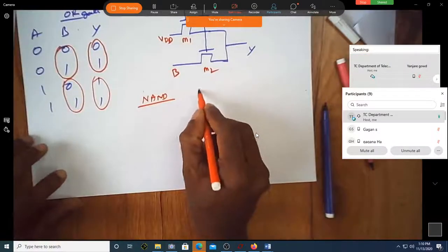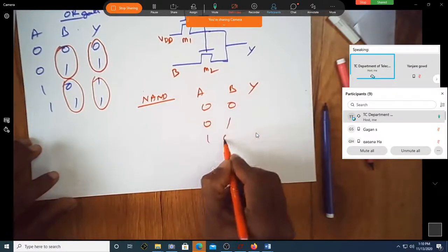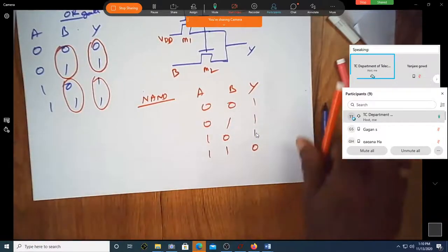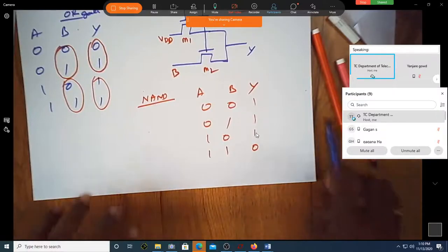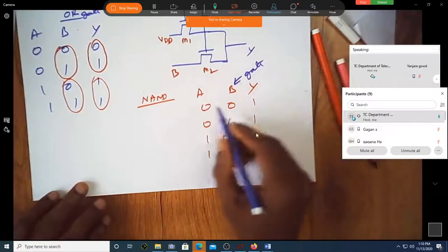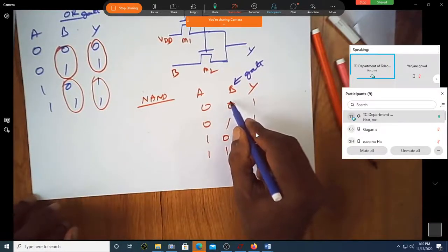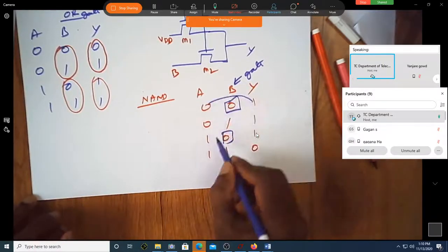So NAND gate, you write A B Y: 0 0 1, 0 1 1, 1 0 1, 1 1 0. So let us take this as gate control, and you just compare. Okay, when these two are 0 0, compare this and this.